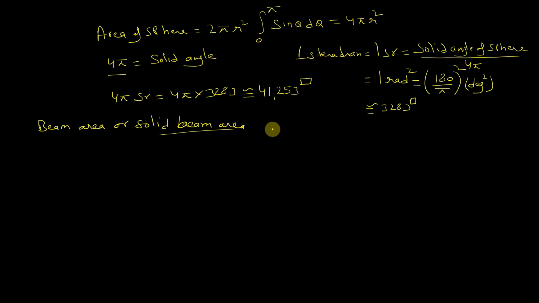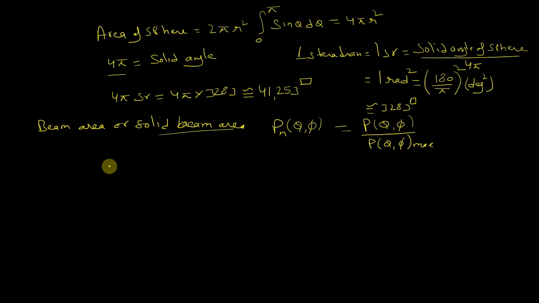So let us say this is the normalized power pattern. It has been normalized with respect to the maximum value. So P n stands for normalized, that is equal to the power in a particular direction divided by its maximum value. So P n theta phi is the normalized power. If you want to calculate this beam area or beam solid angle, that will be the integration of the normalized power pattern over a sphere.